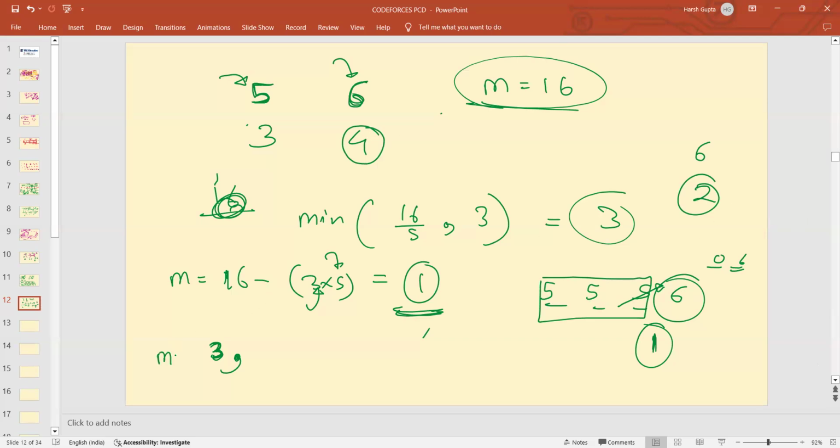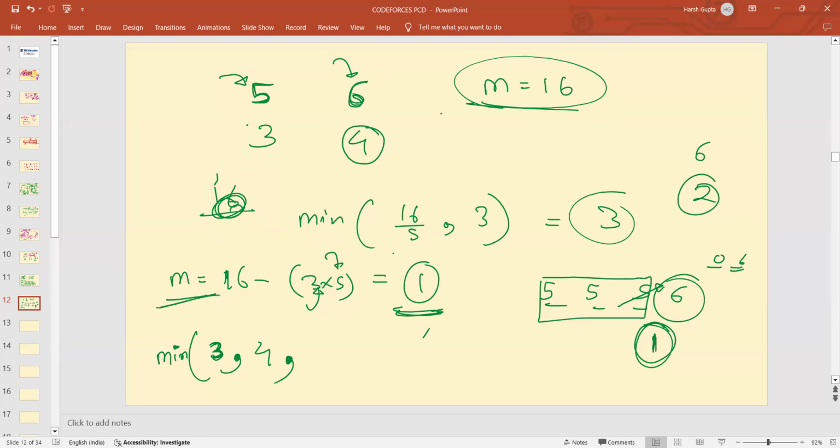So it will be nothing but the minimum of the number of flowers I took containing 5 petals, comma, the number of flowers containing 6 petals available, which in this case is 4, comma, just see one thing. Since I am replacing 5 with 6, I am getting an increment of 1.